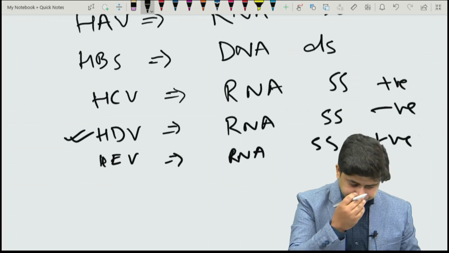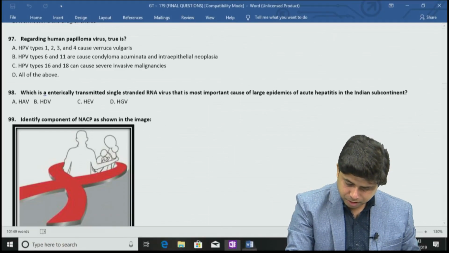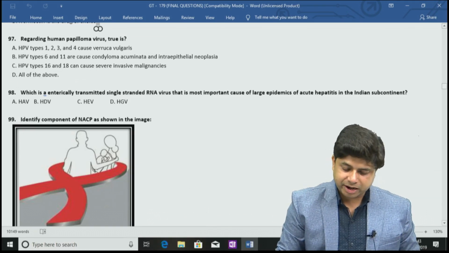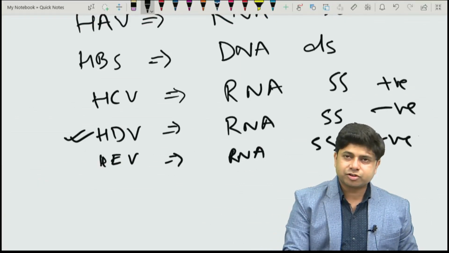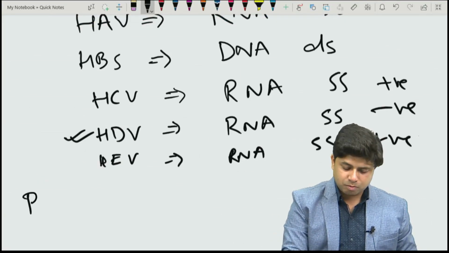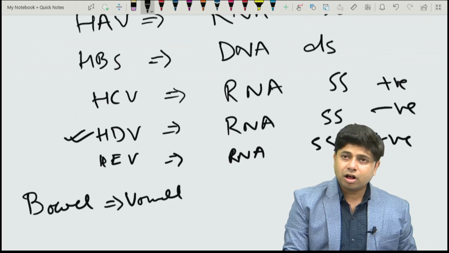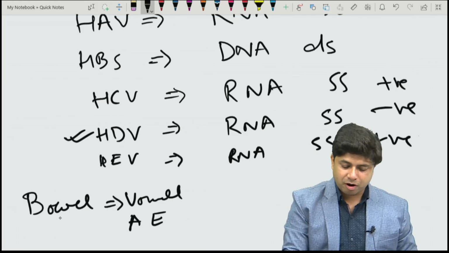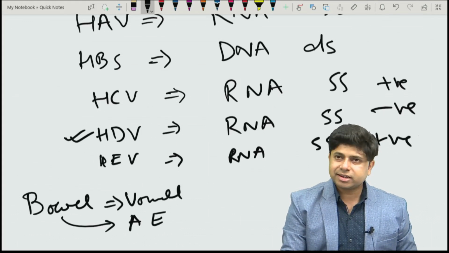And so what does the question ask? Which is the enterically transmitted single-stranded RNA virus? Which are the enterically transmitted? So you should remember the mnemonic: vowel, vowel. All the vowels, like A and E, are transmitted enterically; all the others are blood transmitted.